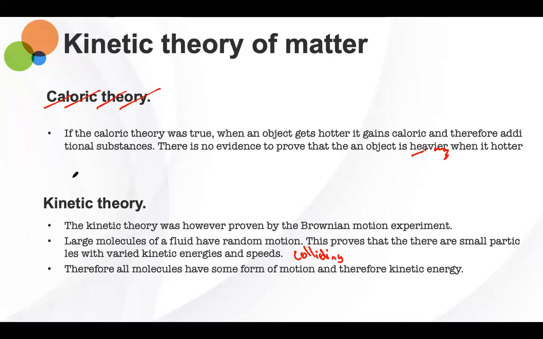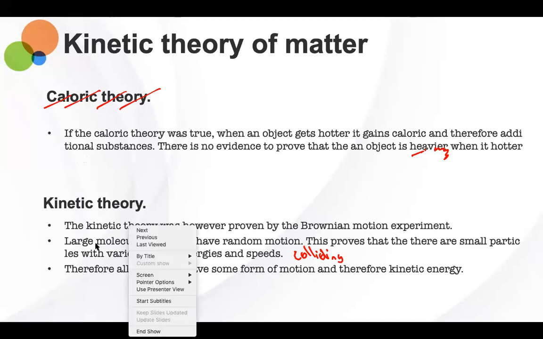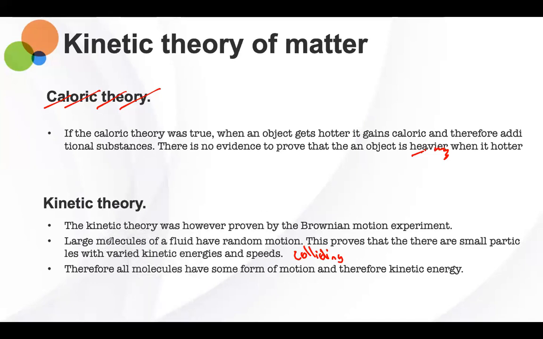So that means that there are small particles constantly colliding with these larger particles.